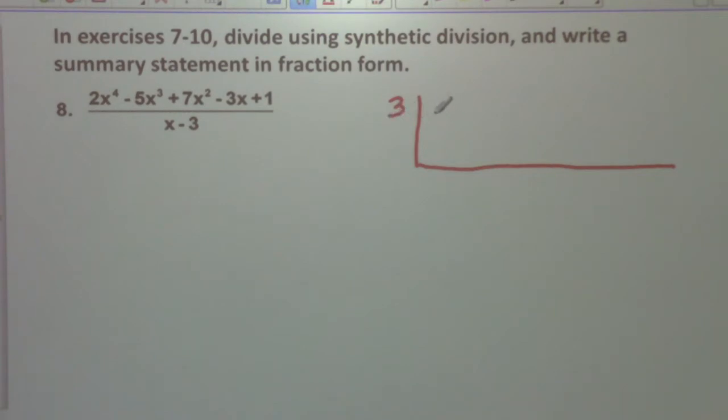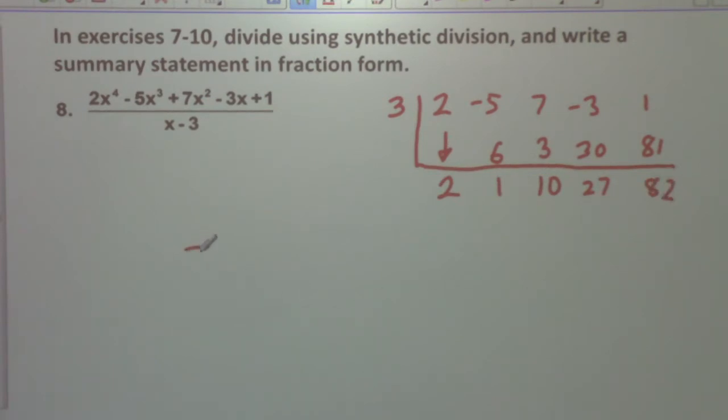And then 2, -5, 7, -3, and 1. Bring down the 2. 3 times 2 is 6. And it's going to be 1, and 3 times 1 is 3, 10, 30, 27, 81, and 82.